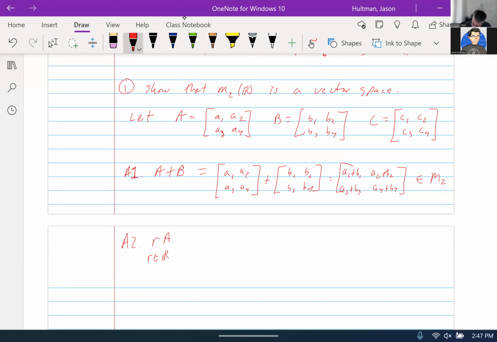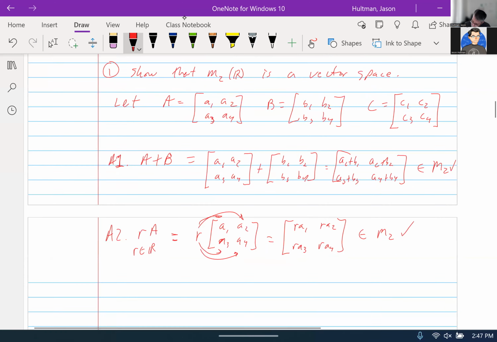So let's look at R times A1, A2, A3, A4, and again, we're just going to distribute R to each element here, and we get RA1, RA2, RA3, RA4, which is an element of M2. So check. So that's closed under scalar multiplication.